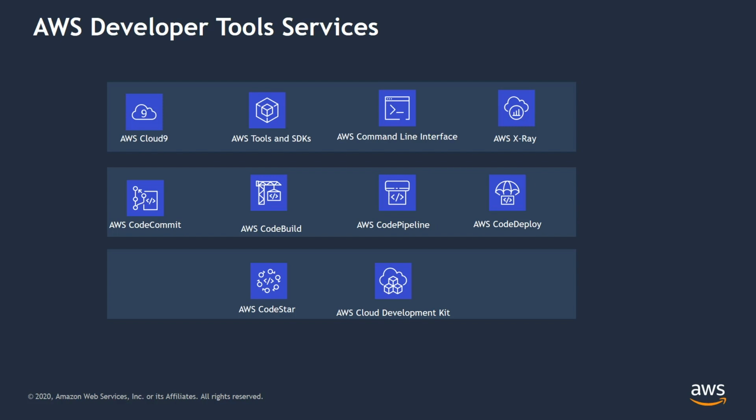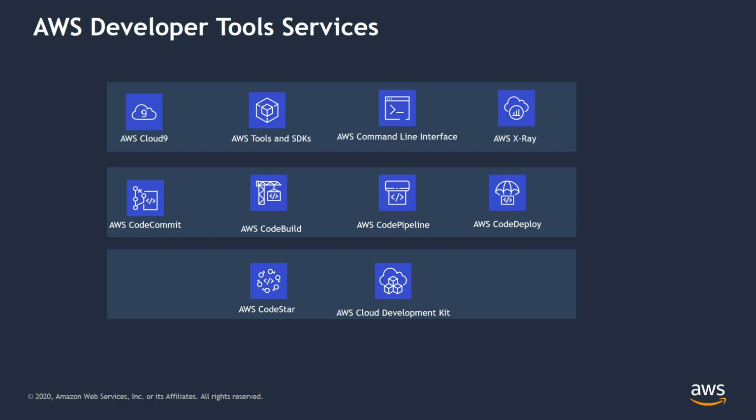AWS Developer Tools and Services provides multiple options to host the code, build, test, and deploy your application to AWS. The AWS Developer Tools are built to work with AWS, making it easier for your team to get set up and be productive.